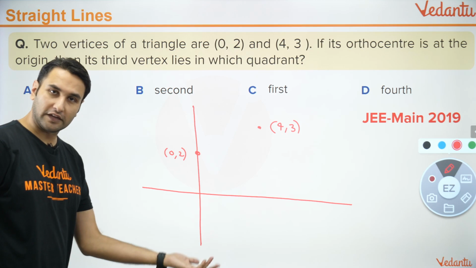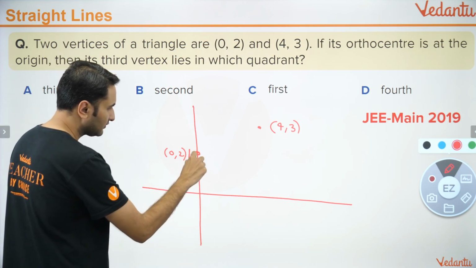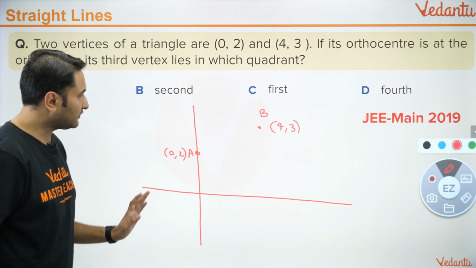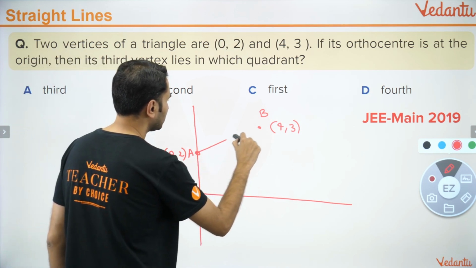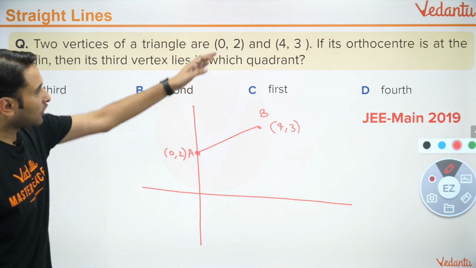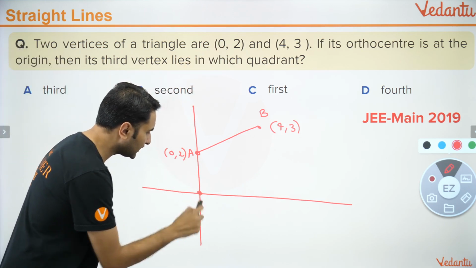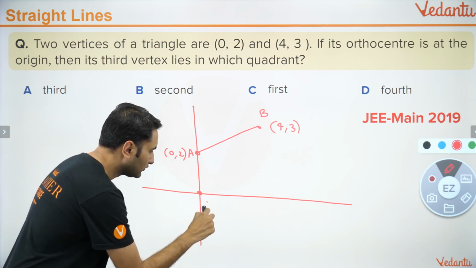Let me give them names. Say this is A, this is B. Two vertices are given. Now it says the orthocenter is at the origin. Here is the orthocenter. So this is the orthocenter O.